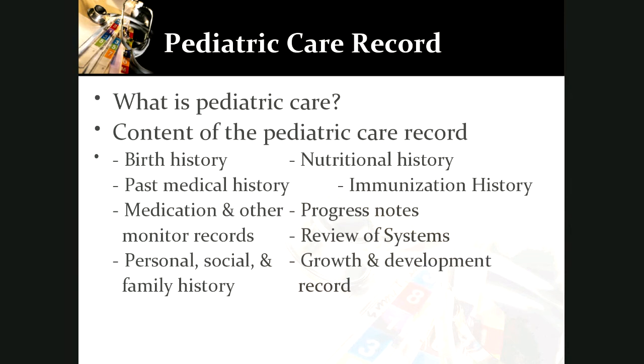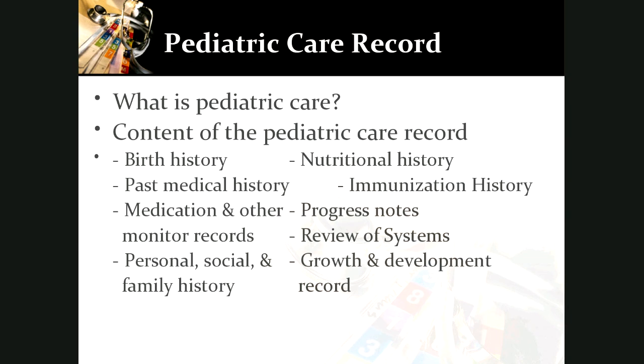If the mother, for instance, was on heroin or something else whenever she was pregnant or when she delivered the baby, that would be pertinent, correct? Yeah. The nutritional history, the immunization record would be in there.